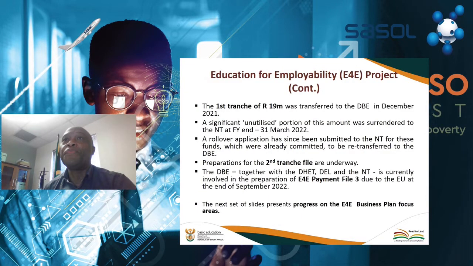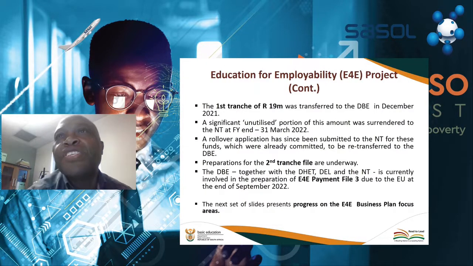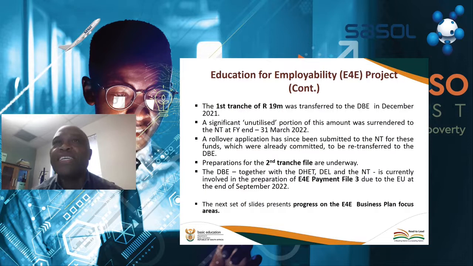Apologies there. Now, if we look at the Education for Employability project, just a continuation to give more information, as already indicated, we received the first tranche of 19 million rand from National Treasury, and a significant unutilized portion of this amount was surrendered to National Treasury at financial year end, that is on the 31st March 2022.